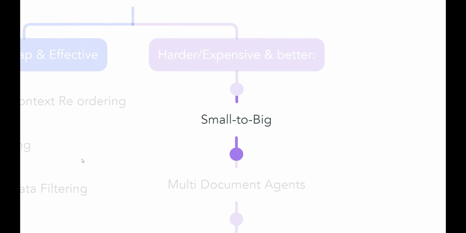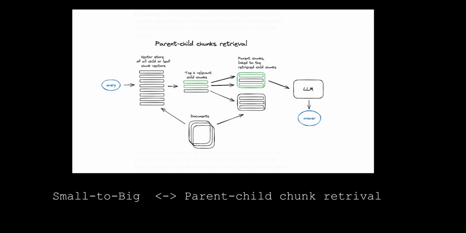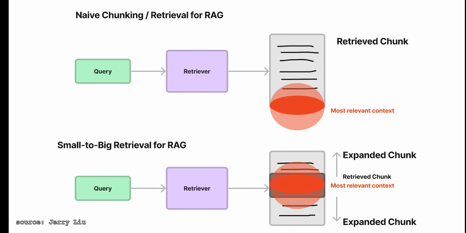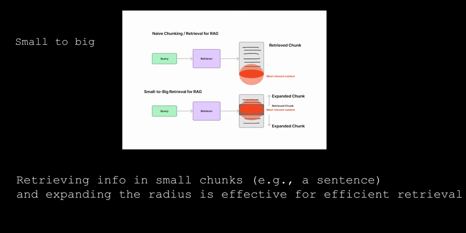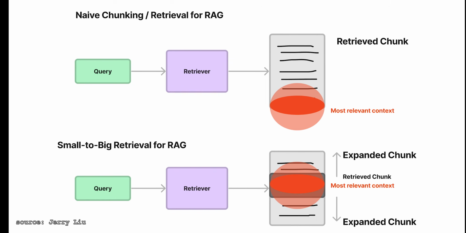Now, moving on to harder and more expensive techniques, one of them is small to big. LlamaIndex calls it small to big and LangChain calls it parent document retriever, but they both are the same thing. Sometimes LLMs can have a hard time retrieving from a large amount of context. This can be relevant if retrieving from a large number of pages from a PDF document, for example. Small to big solves that problem by having a smaller passage or number of smaller passages from a larger page or chunk, with reference to the larger page.